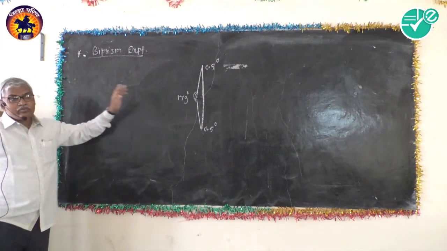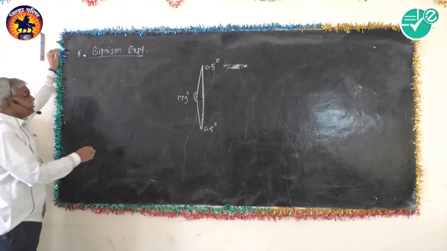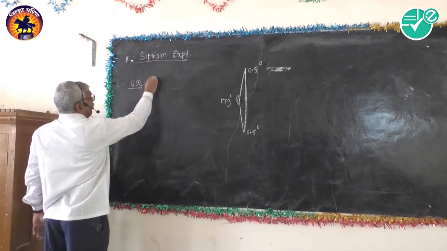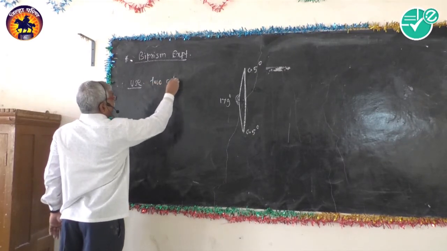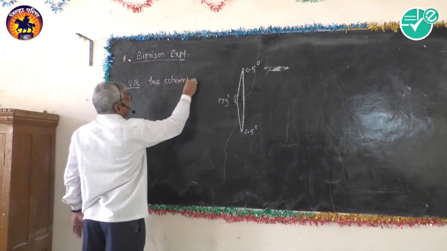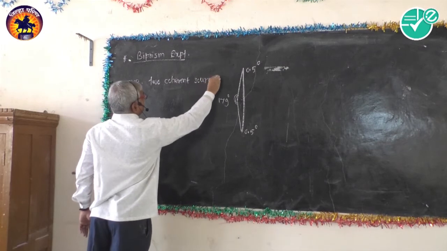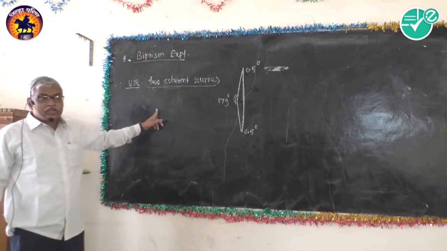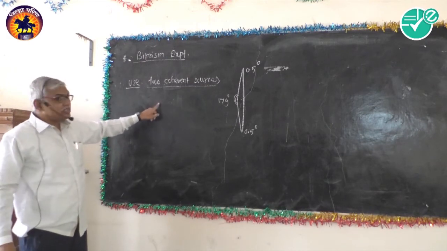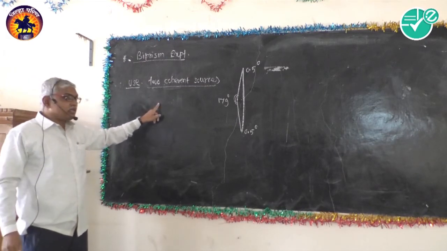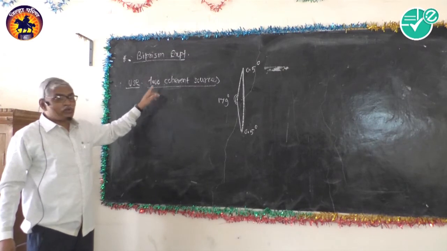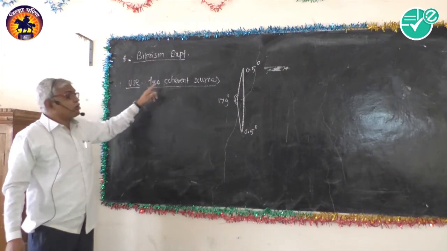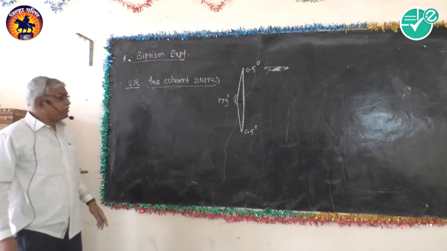This biprism is used to obtain two coherent sources. In interference pattern, we have a first condition that to obtain sustained interference, two sources of light must be coherent sources. Those two coherent sources are obtained from the biprism experiment.